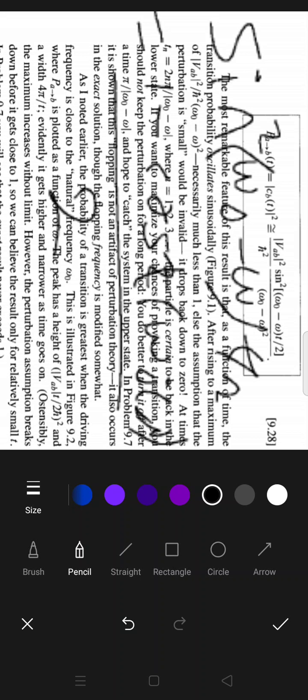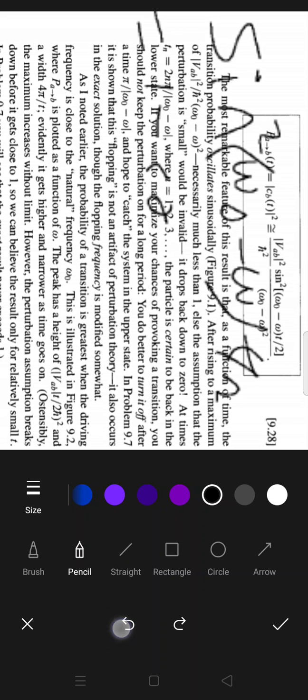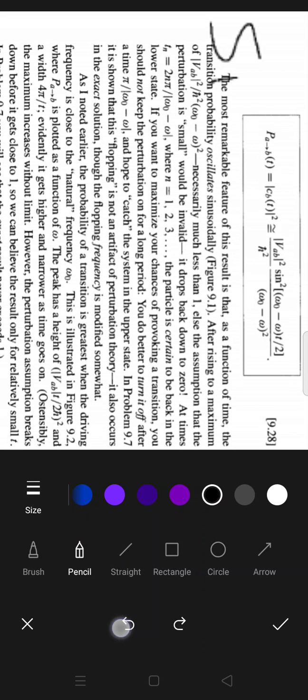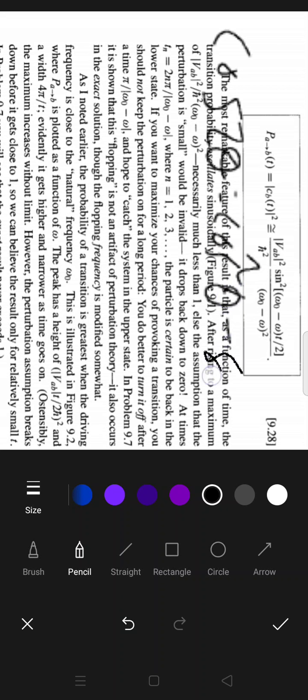So 2 sine square theta is 1 minus cos 2 theta by 2. Now, what is cos 2 theta? cos 2 theta is equal to cos square theta minus sin square theta, which gives cos 2 theta equal to 1 minus 2 sin square theta.